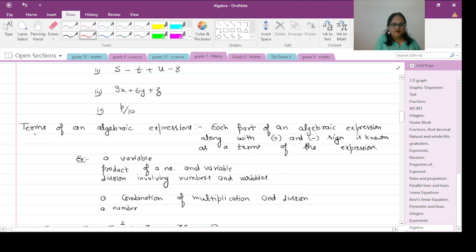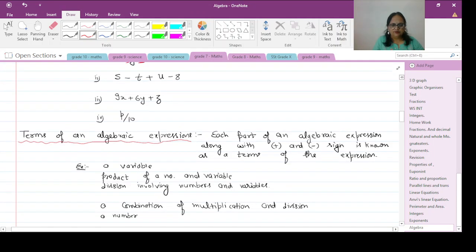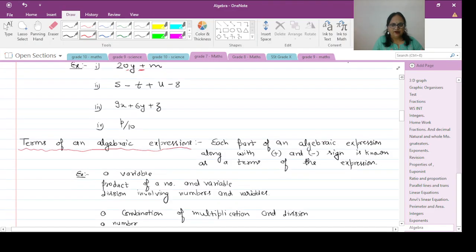What are the terms of an algebraic expression? Each part of an algebraic expression along with the plus and minus sign, meaning whatever sign is there in front of that particular term or part. If you don't know terms yet, you can say parts. For example here, it is 9x, right?